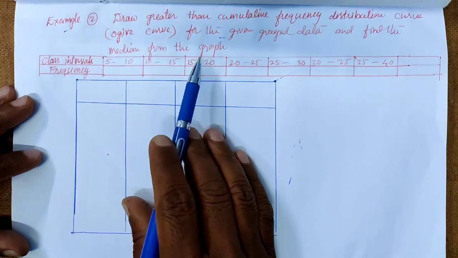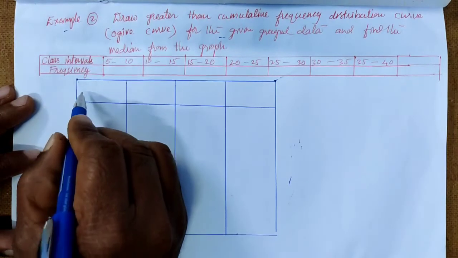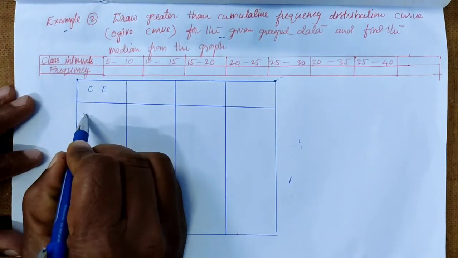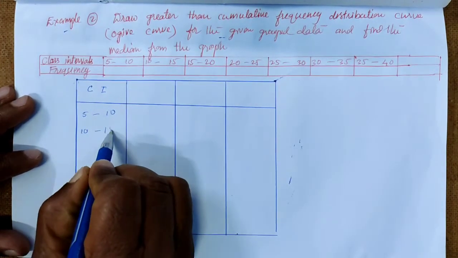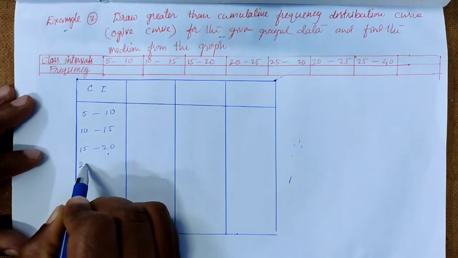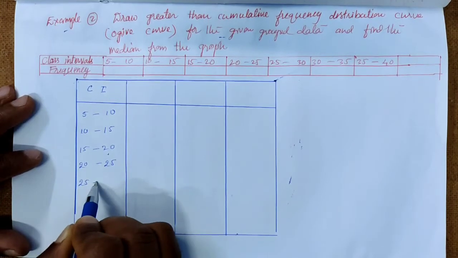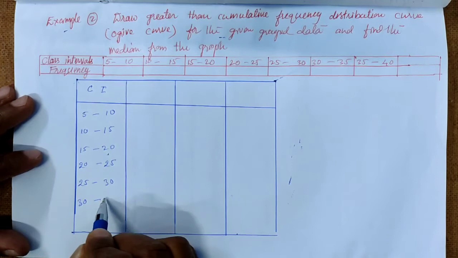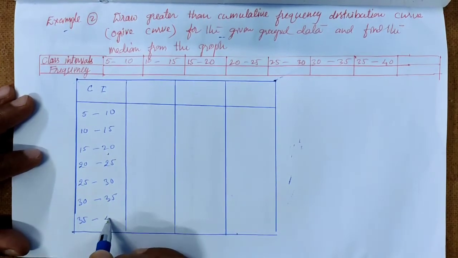Here the given data: the class intervals are 5 to 10, 10 to 15, 15 to 20, 20 to 25, 25 to 30, 30 to 35, 35 to 40.